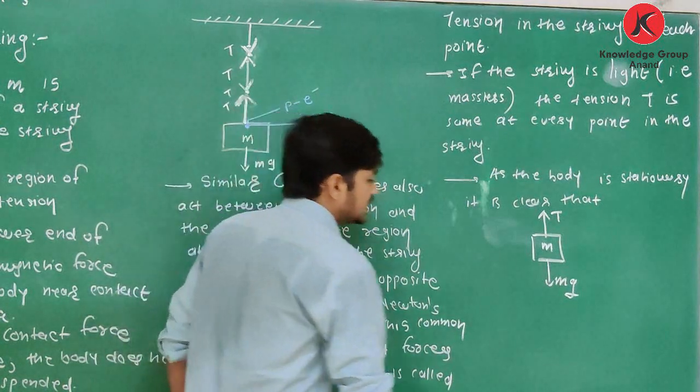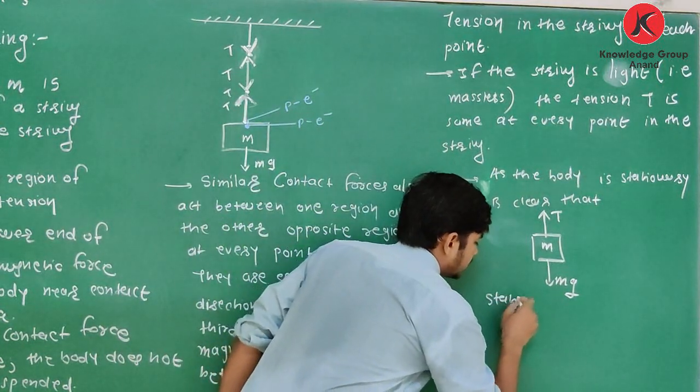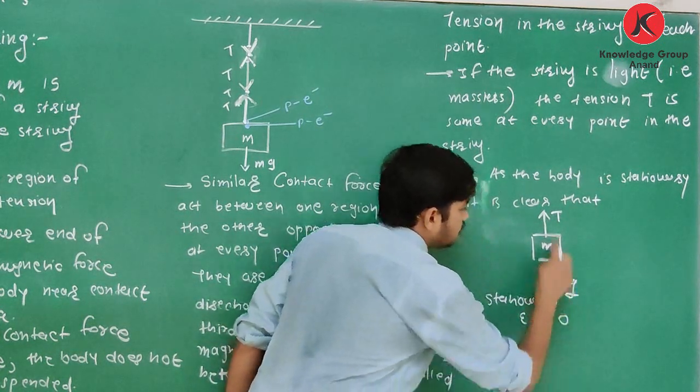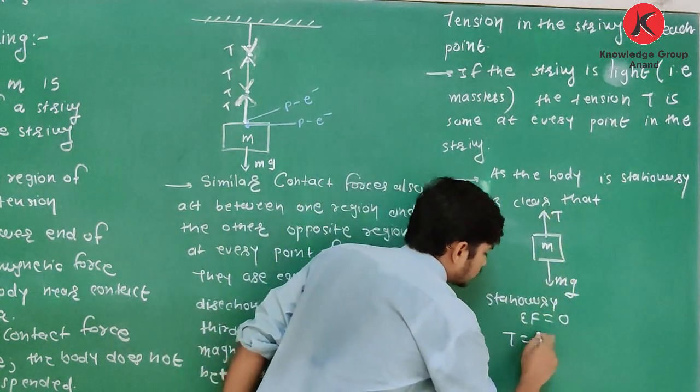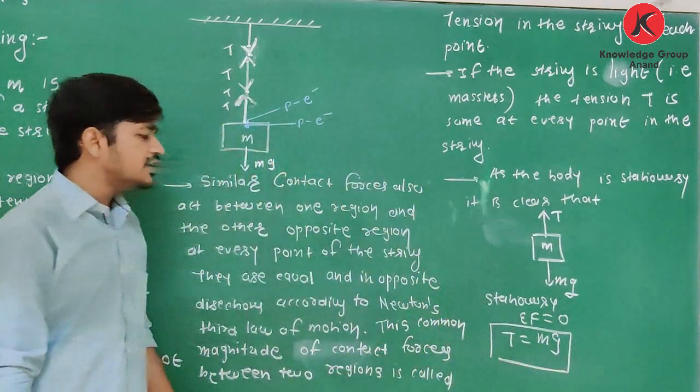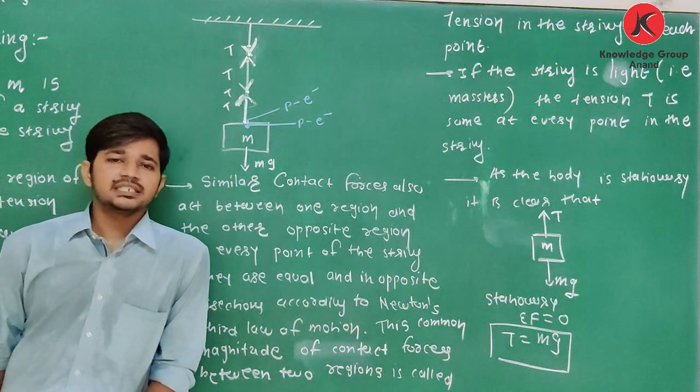We know that stationary means sigma F is equal to 0, meaning force acting in the upward direction is equal to force acting in the downward direction. So here T is equal to mg.